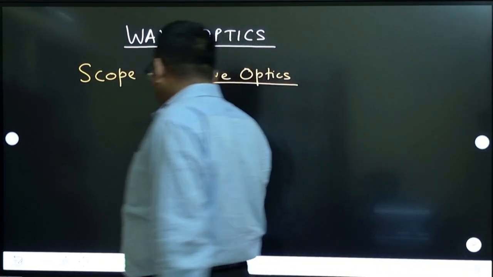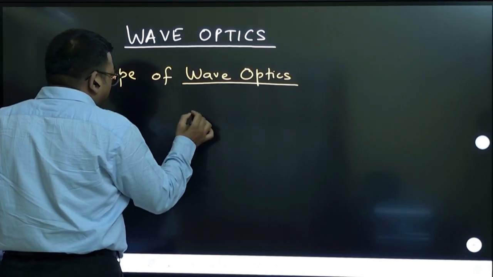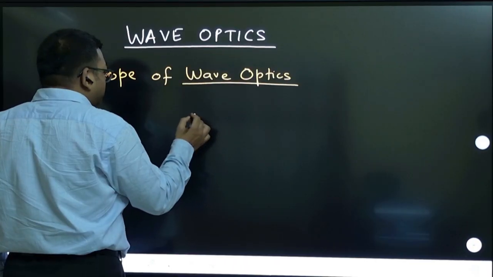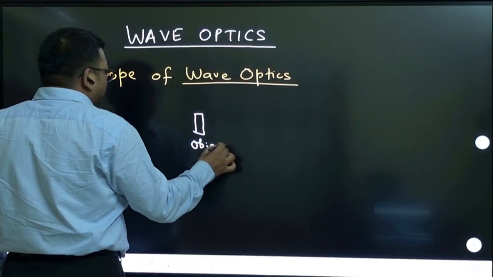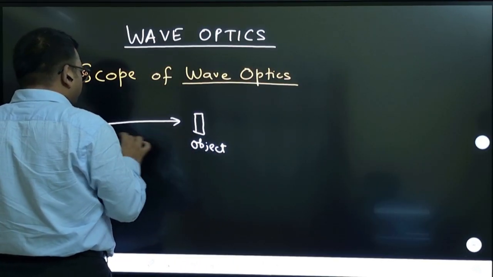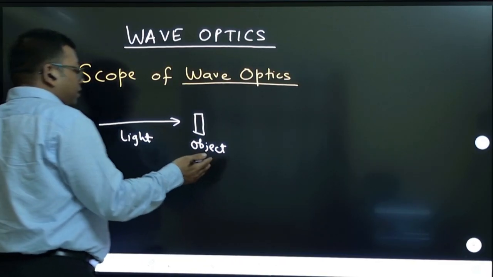Suppose for example that there is an object with which light is interacting. This object can be anything. This is the object and light is interacting with it.